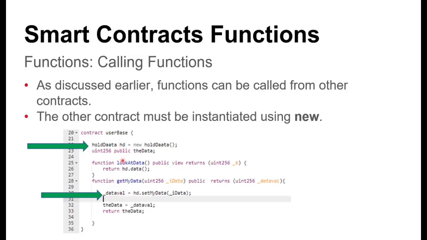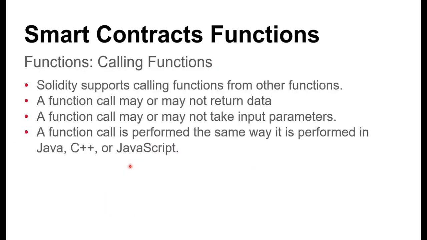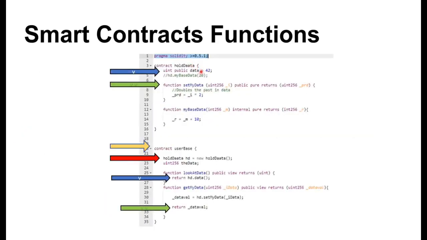Now I have HD available, and I'm able to call all of the data types and all of the functions that are part of hold data. If we went backwards a little bit, we would see that hold data has a public integer called data.